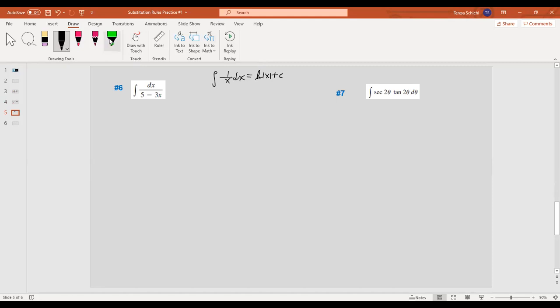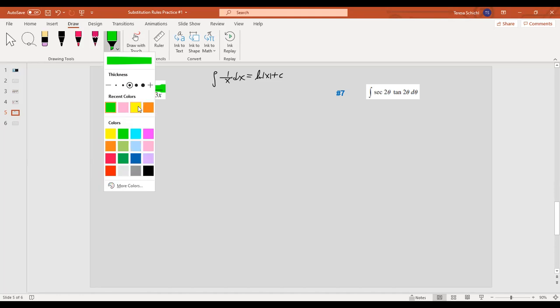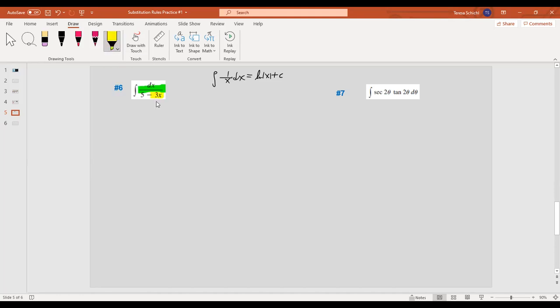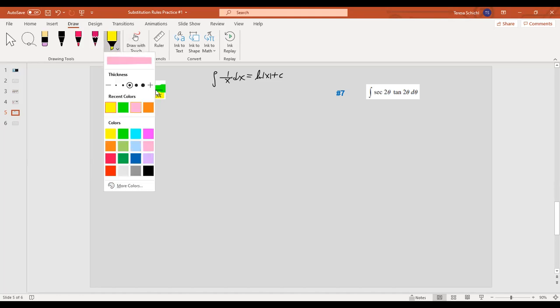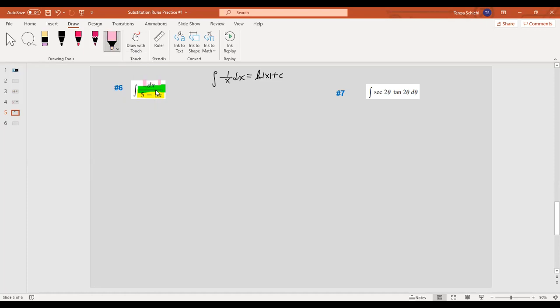So in here, the 1 over this will be my function. I highlight that. If that one is your function, then these numbers here, 5 minus 3x, probably will be your u. Then the only thing left is this dx, right? So this is the potential to be my du.